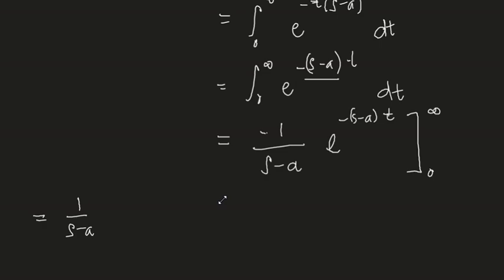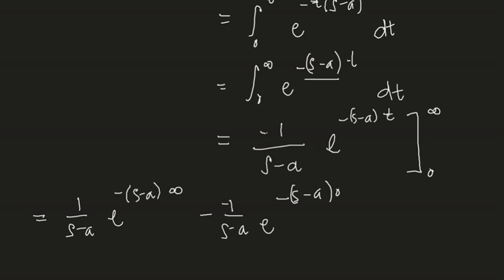Substituting infinity, this will be equal to e raised to negative s minus a multiplied by infinity, minus 1, or negative 1 over s minus a, e raised to negative s minus a multiplied by 0.